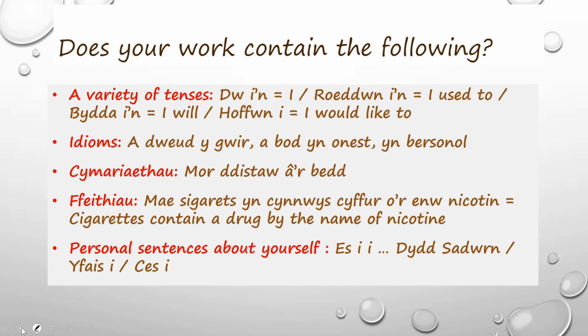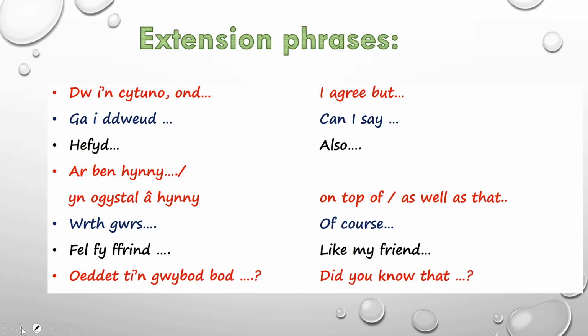We would like you also to include personal sentences about yourself. Reflect back. Es I barti dydd Sadwrn. Yfais I ddŵr. I drank water. Ces I had. Now there is an extension phrase sheet as well for you. Dwi'n cytuno ond. Ga I ddweud, can I say.